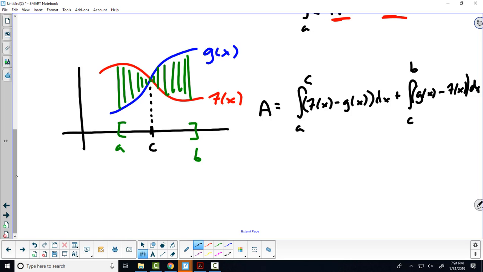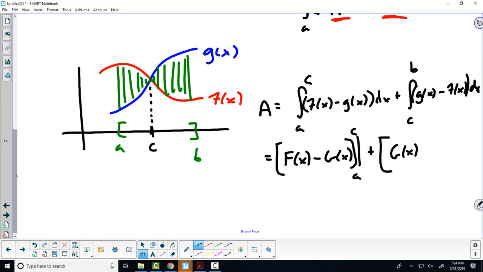So do you plug both A and C into both functions? Correct. So if you wanted to evaluate this, you would take capital F of x minus g of x, evaluated from A to C for the first part, plus capital G of x, and here I'm using capital to stand for an antiderivative, minus capital F of x, from C to B. There is some extra work here.